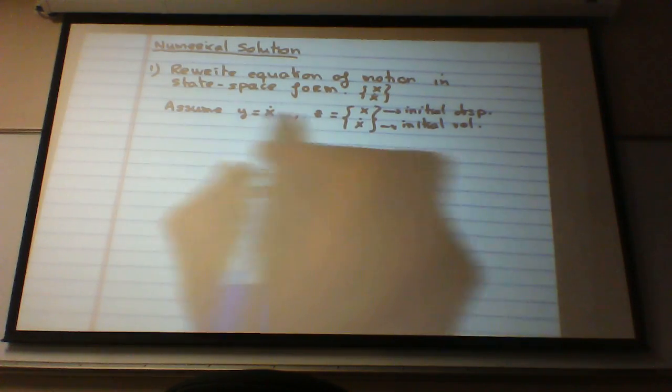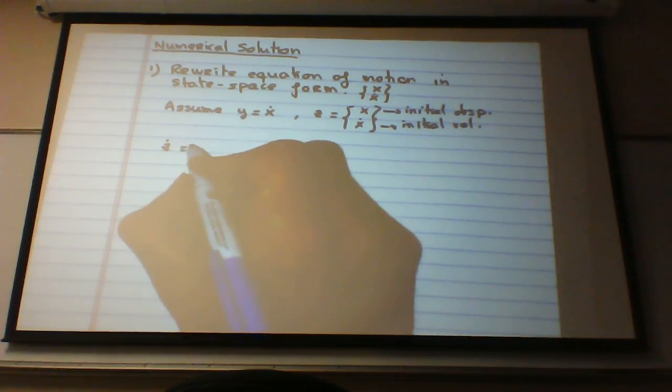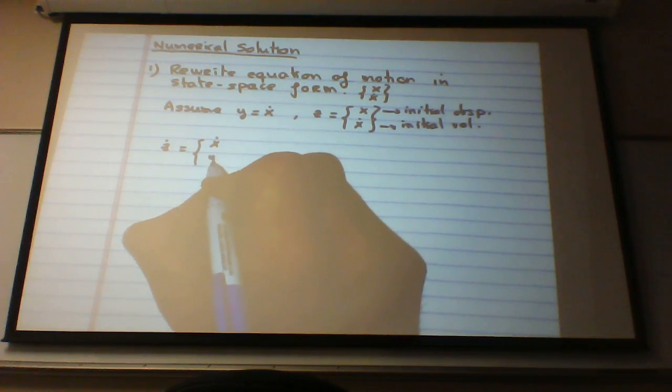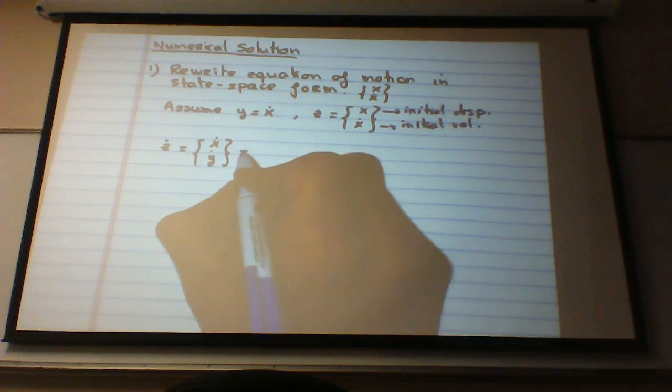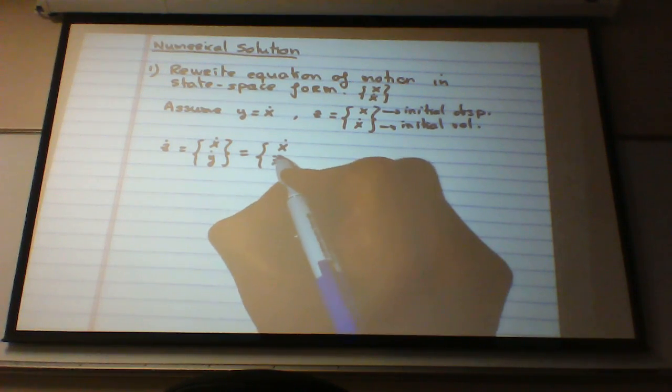All right, so we know what z dot would be. It would be x dot, x double dot.